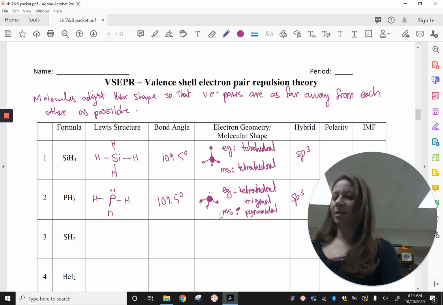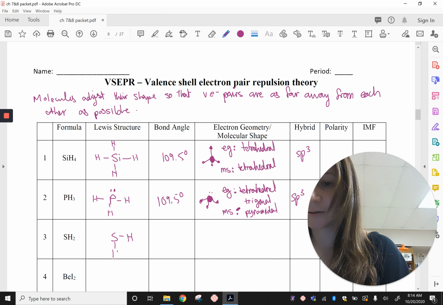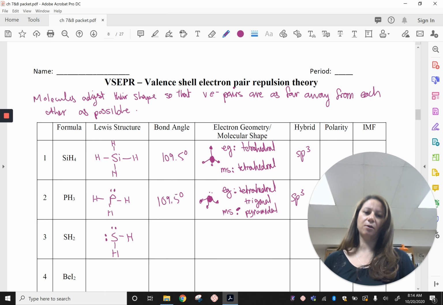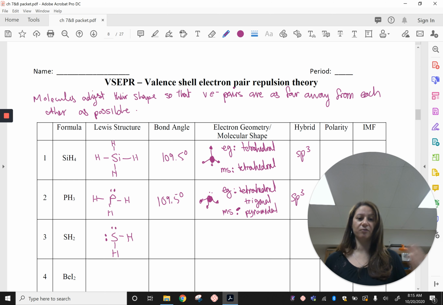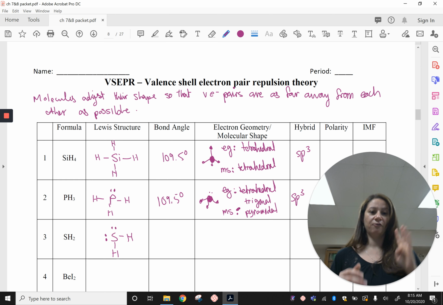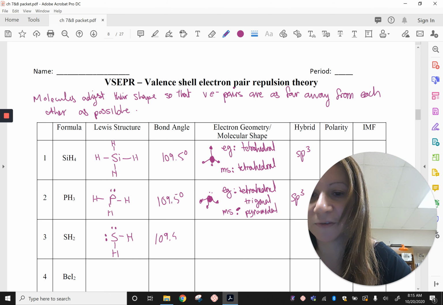Okay, SH2 is the next one. So sulfur has 6 valence electrons. 2 of them are going to be bonded to the hydrogens, and then we have 4 that are in lone pairs. So it looks like this. So again, you count how many areas of electrons are around your sulfur. 4. That automatically tells you the angle is 109.5 degrees.